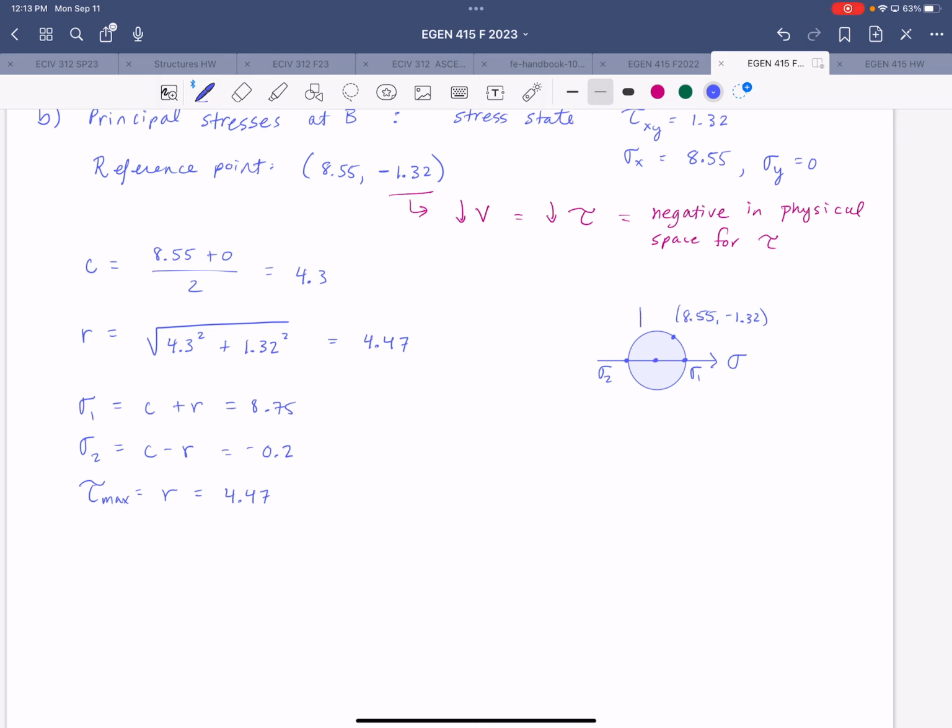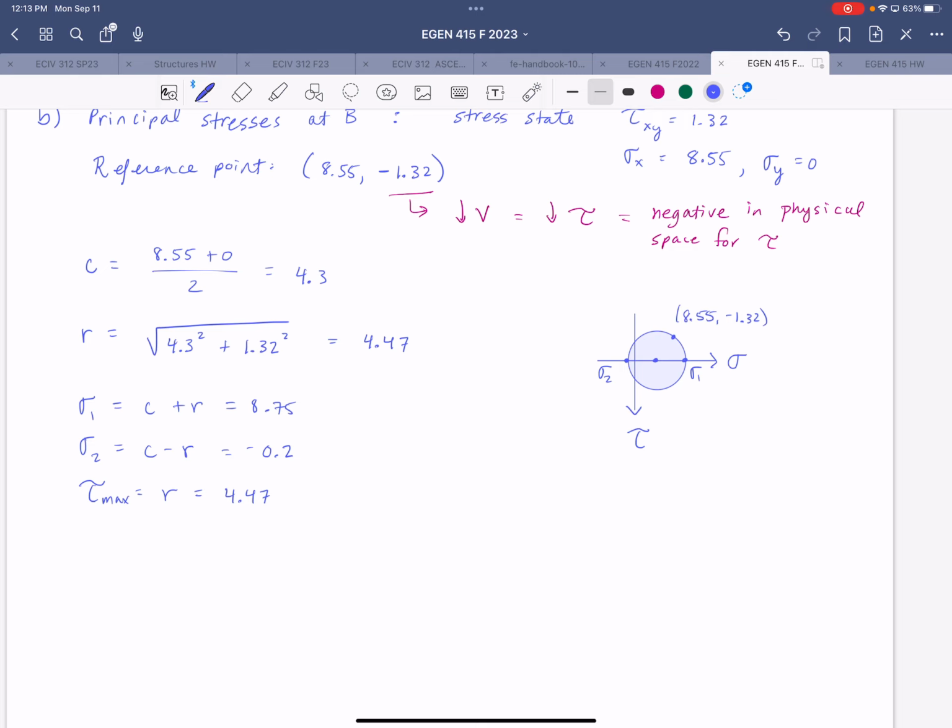So now we can draw in the vertical axis representing the shear stress. And this is where I would like to add a comment related to the sign convention in Mohr's circle on shear stress. When I presented it to you in class, I said we'll just plot positive shear stress values on the lower half of Mohr's circle, right?